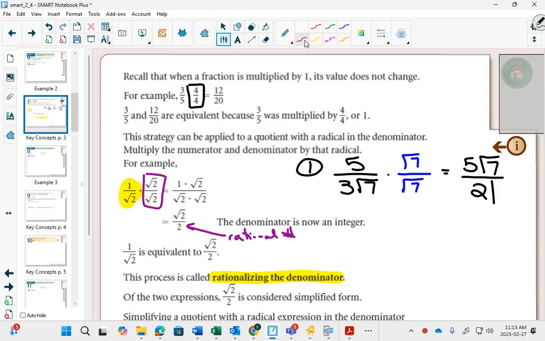The second type that we're going to run into is what happens when you have a binomial on the bottom. Maybe you have 2 square roots, maybe just 1, but it's a binomial. There is a way to get rid of those square roots, and the hint is something that we did yesterday in our first 2 examples.